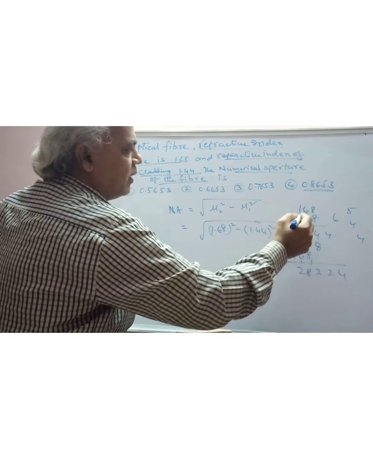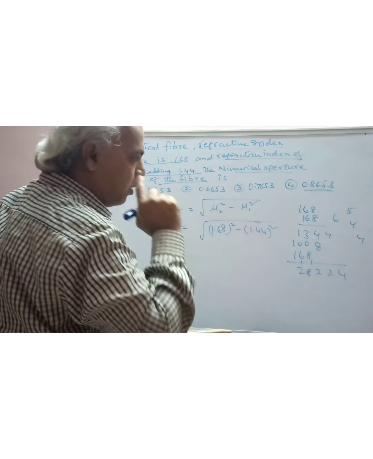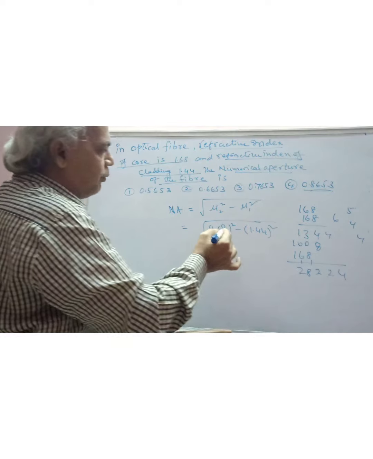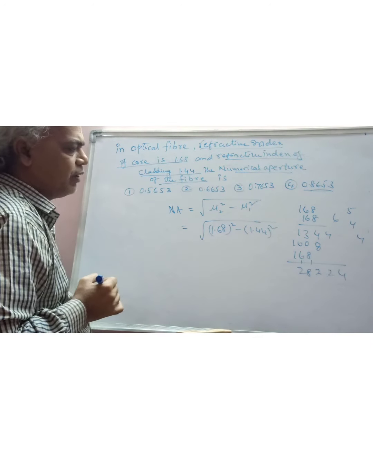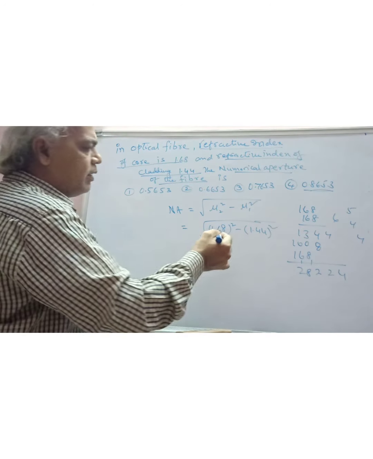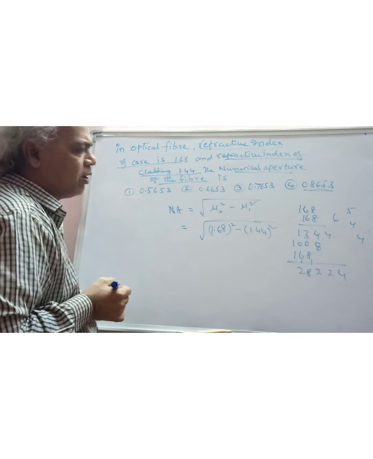Here 1.68 and 1.68. So here after 4 digits, here 1.68 and 1.68. So you divide this expression with 10,000.